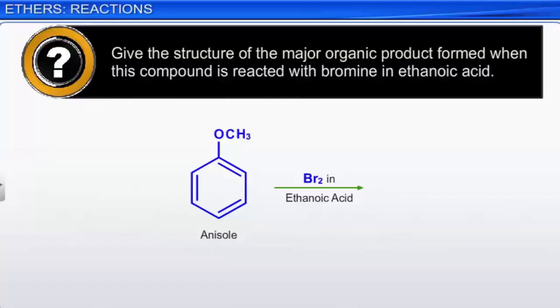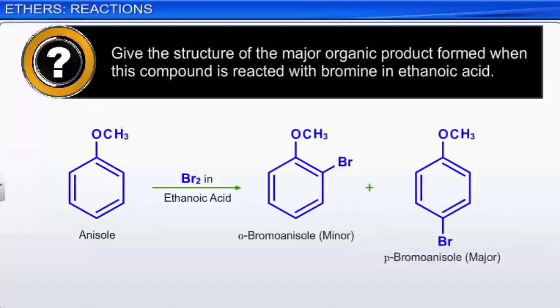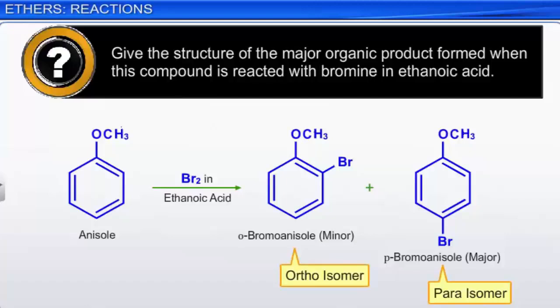The methoxy group is ortho-para directing. So, both the para as well as the ortho isomers will form. The para isomer is the major product. Hence, para-bromoanisole is the major product.